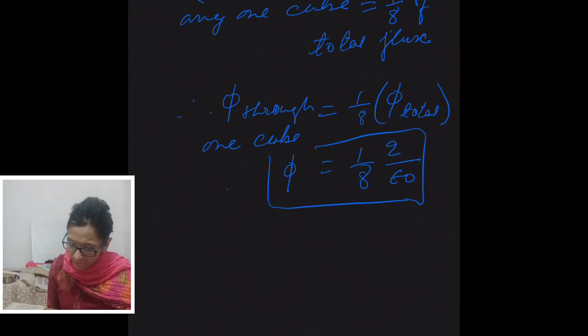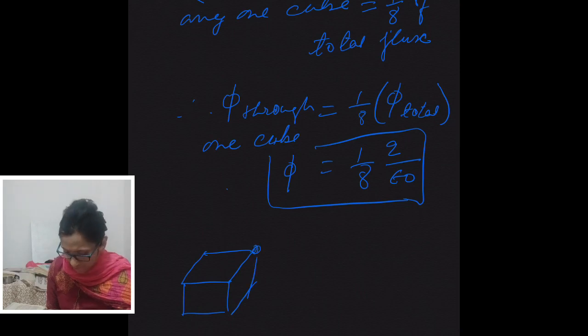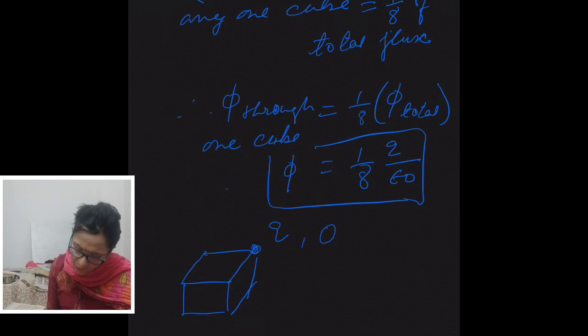Now let me draw one cube separately, and you have placed a charge Q over here, and the flux phi is equal to this much. Now you see that these field lines on 3 adjoining surfaces are parallel to the surface.